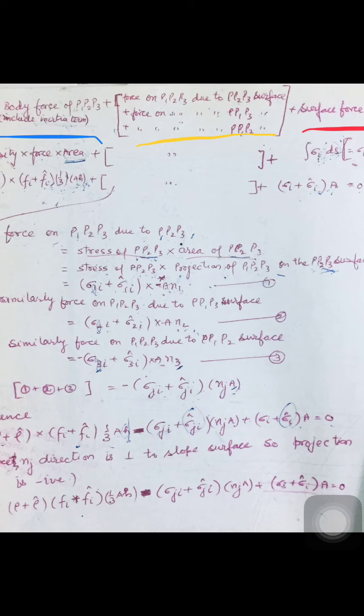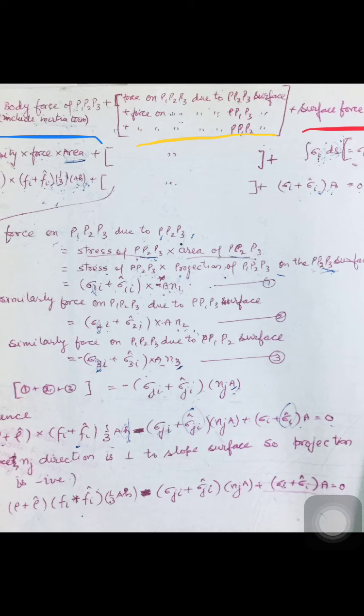The stress we already know is sigma 1i plus sigma 1i cap, into the projection of these surfaces. Because we are taking the positive direction, the projection is in the negative direction, so it becomes minus AN1. This is the first part of the projection when P, P2, P3 is considered.